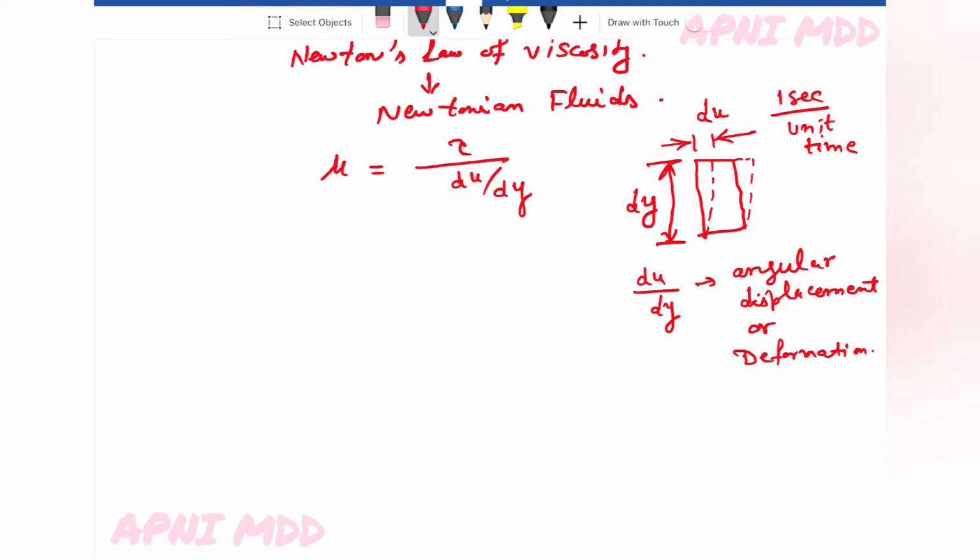So now you can define mu, the dynamic viscosity or simply viscosity.